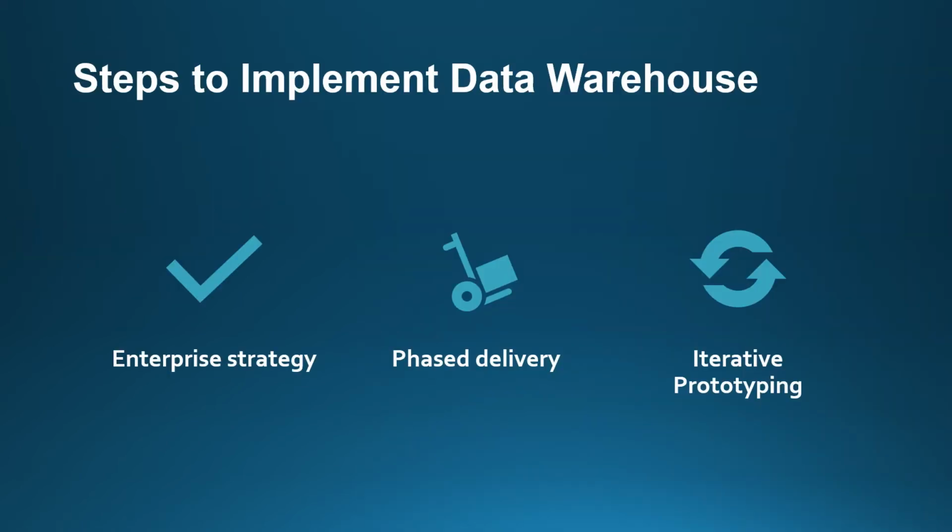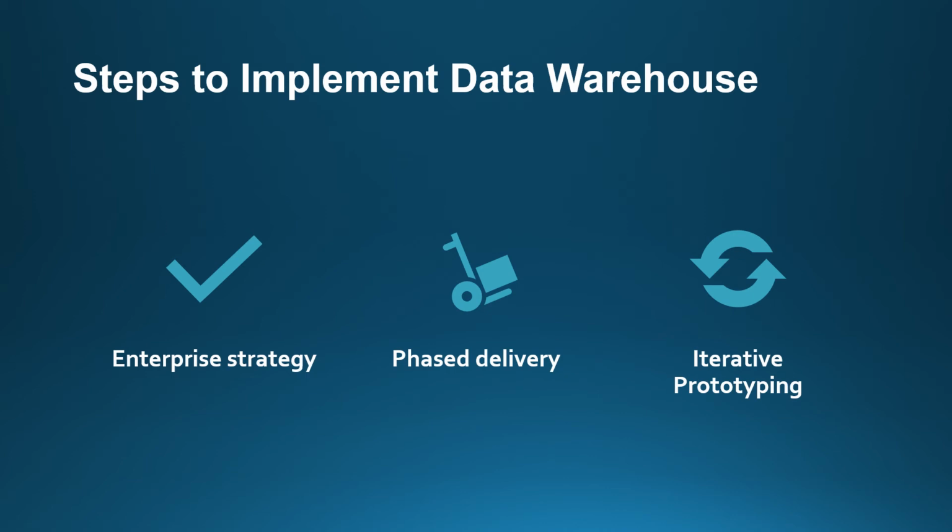This is one of the most important things we should know about data warehouse, which is how we implement it. We have a three-step approach to implement a data warehouse: enterprise strategy, phased delivery, and iterative prototype. First, enterprise strategy. Here we identify technical aspects including current architecture and tools.